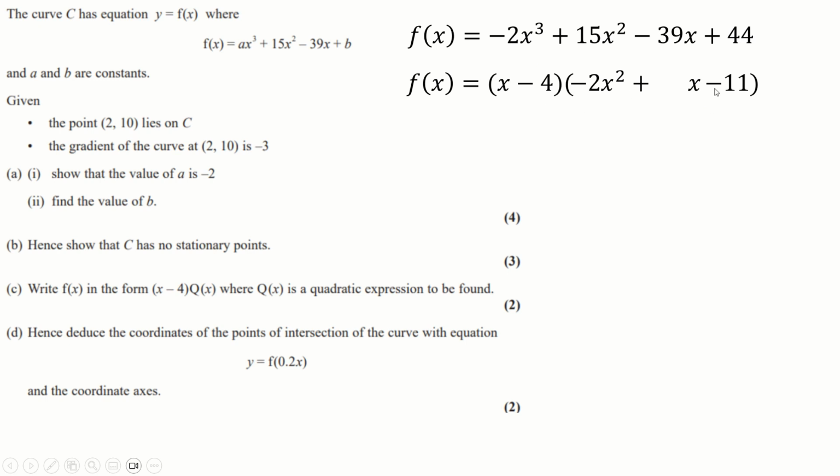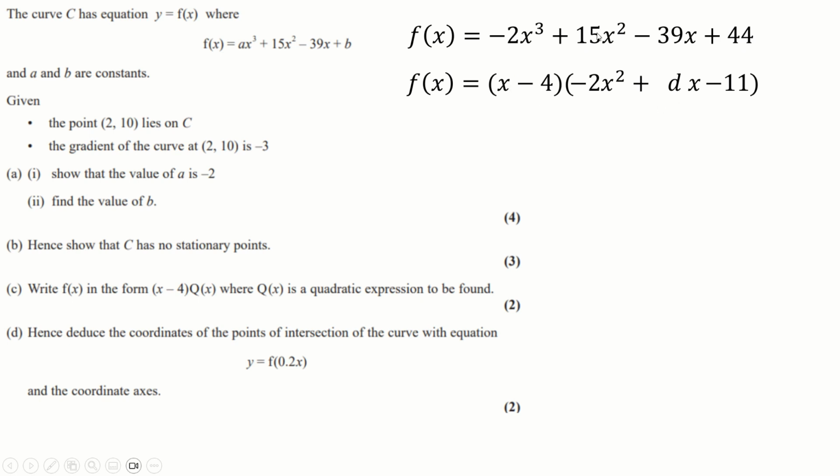So my cubic's taking shape here. I'll just call this coefficient d for now. And then I'll think about how I'm going to expand this to make x squared terms. So I know I've got 15x squareds in the expansion, but looking at this, how do I make x squared terms? Well, I either do this times this, which will give me positive 8x squareds, or I do this times this, which will give me dx squareds.